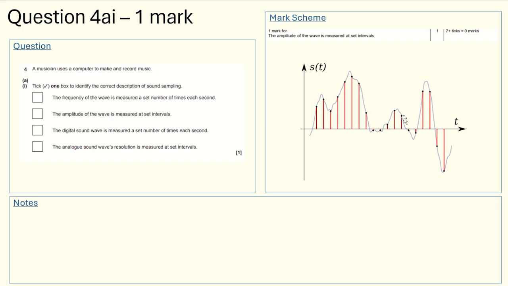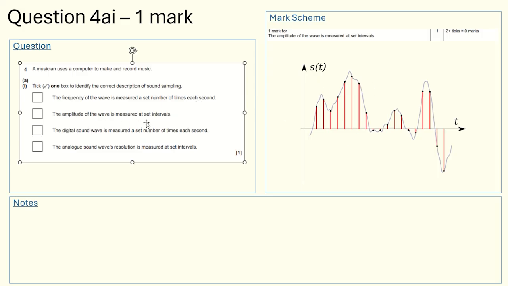So in a normal analog to digital conversion, we'd be taking 44,100 samples of these red lines every single second. So that's the frequency. The first option says the frequency of the wave is measured a set number of times each second, which isn't really true. The frequency of the wave isn't measured. The frequency is how many times this is sampled each second.